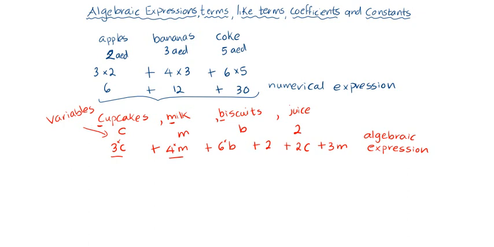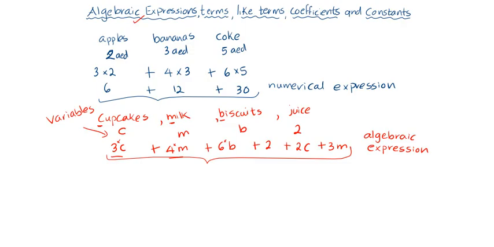So the entire thing is called an algebraic expression. It's like a number sentence made up of numbers, but also made up of variables, which are the alphabets. All right, so that's what you understand by algebraic expressions.